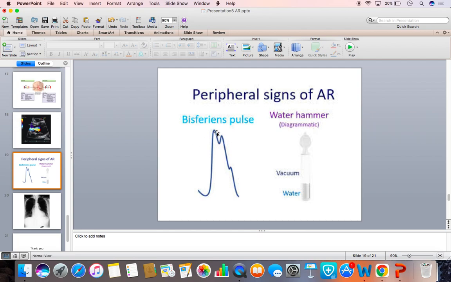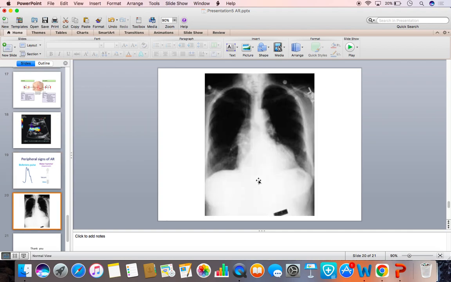This is the pulse wave, bisferiens pulse with two waves here. Water hammer pulse. Right. This is the X-ray chest showing you the cardiomegaly and dilatation of the left ventricle.